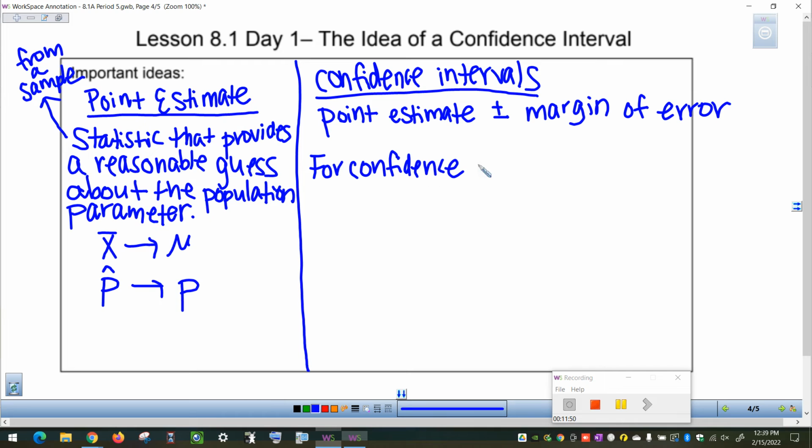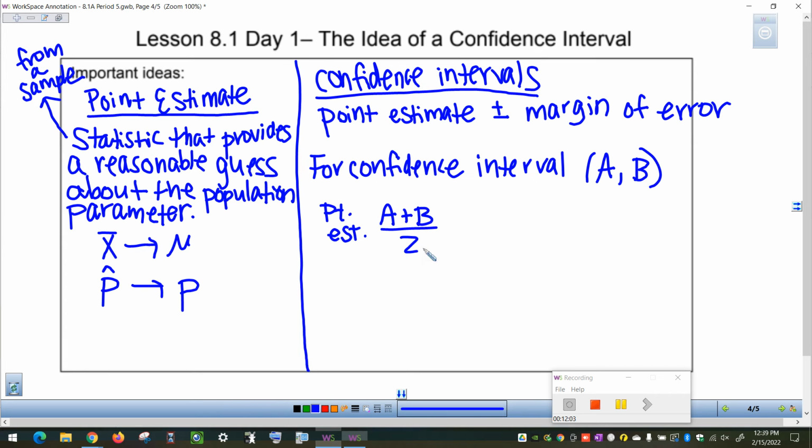And if we had a specific confidence interval from point A to point B, we saw that we could calculate the point estimate by adding A and B and dividing by 2. So that's an easy way to get the exact center of our interval. And our margin of error, you'll start to see me abbreviate it like this a lot. We're going to take our endpoint minus the starting point to get the width of our interval and divide by 2.